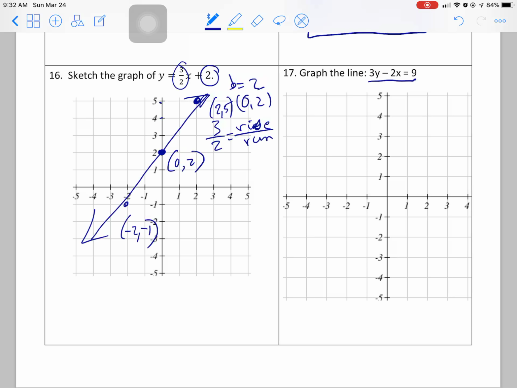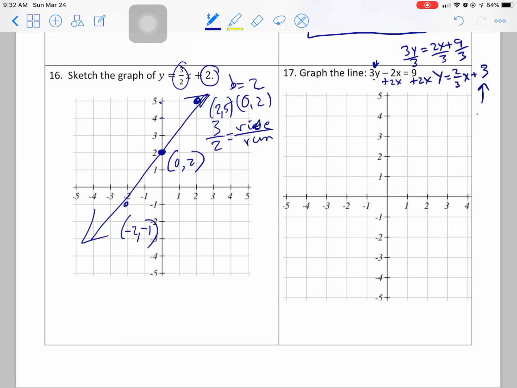All right, graph the line. It is not in slope-intercept form. I don't know how you would do it without figuring out how to graph it. Let's move. Okay, that's my y right here. So I don't want to touch that. I want to move this, right? So 3y equals 2x plus 9. Move that 9 down. Y equals 2 over 3x plus 9 divided by 3 is 3.